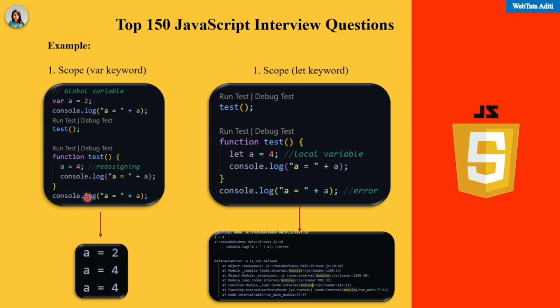But you can see I have console logged the a value outside this function scope, and still it is giving me 4, but it should give me 2, right? But it does not happen like that, because the declaration of this variable is global and not inside this function. I have only reassigned the value inside this function. I have not declared it over here.